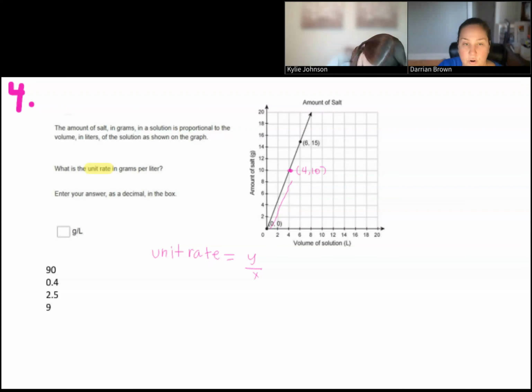Okay, and your coordinates display the x first. So this is x and this is y. So to set up our unit rate problem, we need to do the 10 first on the top and the 4 on the bottom. That would be y over x.